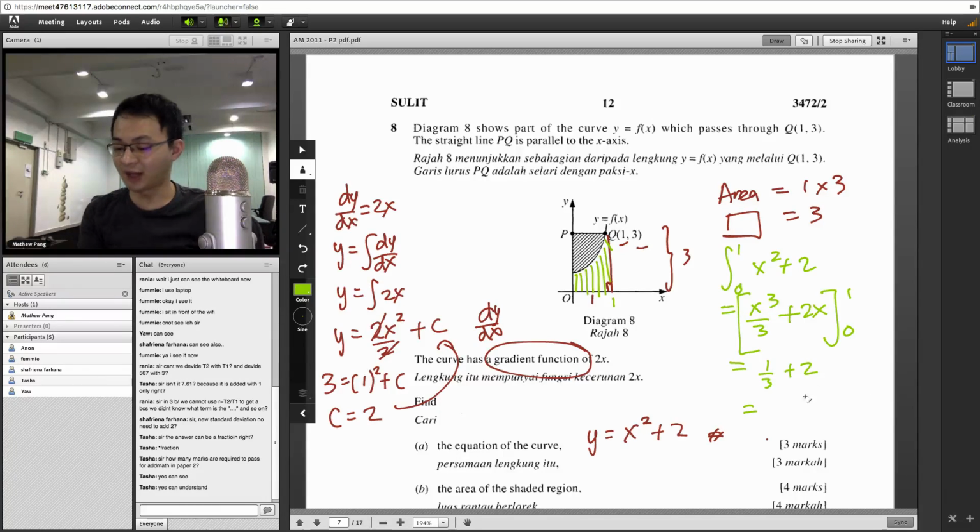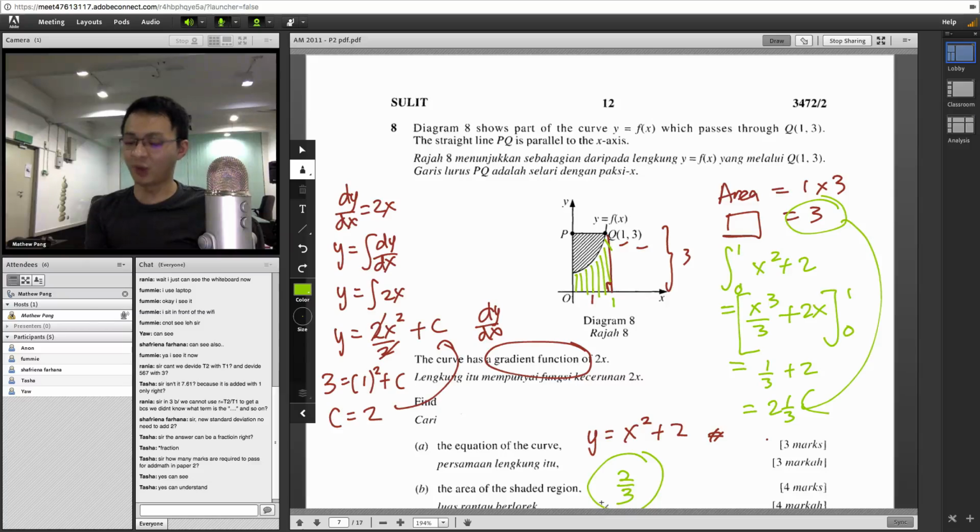So your area under the curve should be 2 and 1 over 3. The whole area is 3, so you minus this, and your shaded area will be 2 over 3, because 3 minus 2 and 1 over 3 gives 2 over 3. Okay, this is one way.